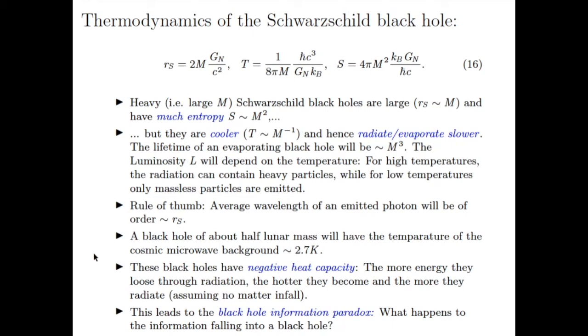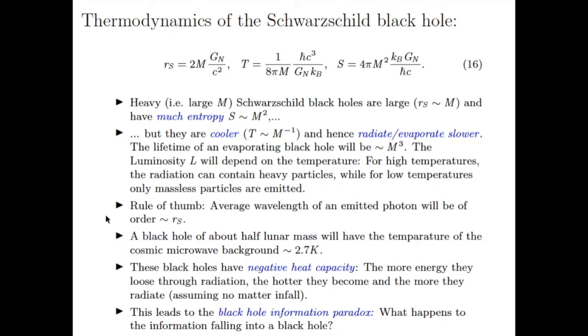And these black holes have negative heat capacity. The more energy they lose through radiation, the hotter they become and the more they radiate. So assuming no matter infall, that's kind of a weird little feature of black holes in asymptotically flat space-times. Which means that if you calculate this kind of evaporation process, it starts slow, but it gets faster and faster towards the end.